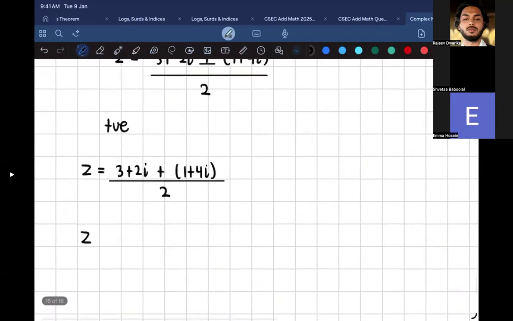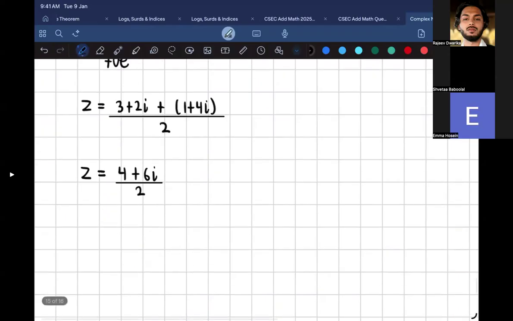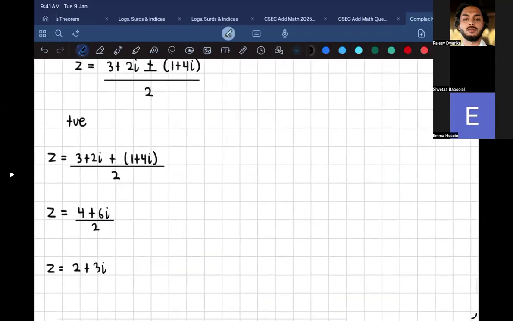That's going to be 4 plus 6i all over 2, which is just going to be 2 plus 3i, right?